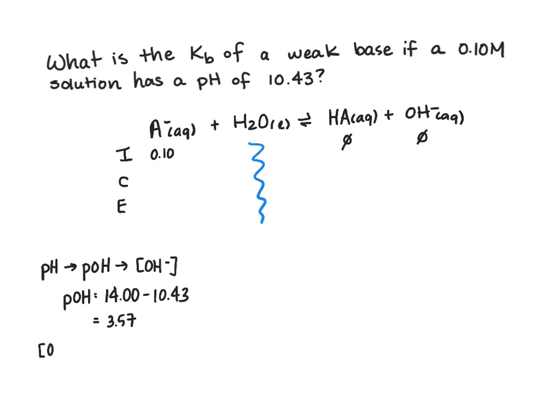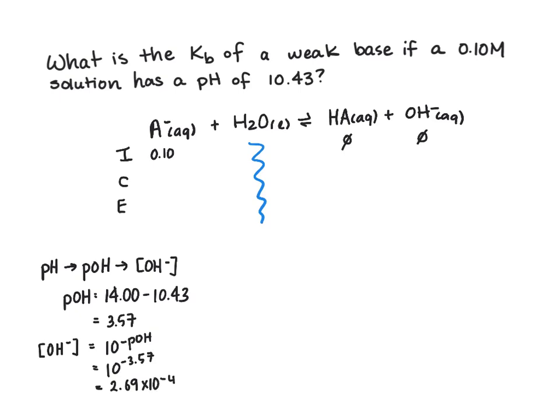And the concentration of hydroxide is going to equal 10 to the minus pOH, so 10 to the minus 3.57, which is 2.69 times 10 to the negative 4.